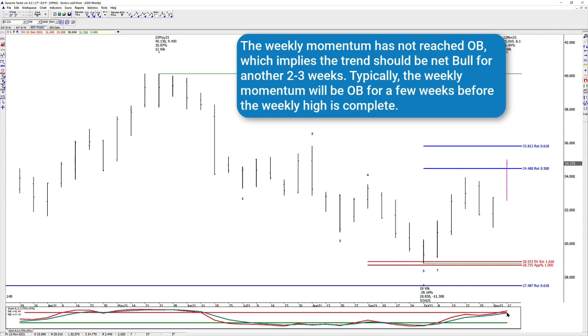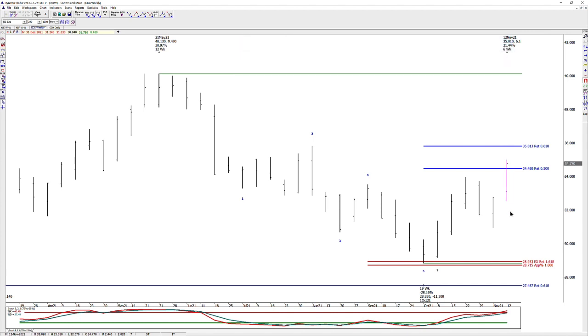So typically, if the higher time frame trend is bullish, even if it's not impulsive, it's still more so than of these corrective advances because it's already nearing the overbought zone. Typically, it's going to be overbought for 2 to 3 weeks anyway before it completes a weekly high. So there's nothing in the weekly momentum that's indicating we're at or near a weekly high, from my point of view at least.